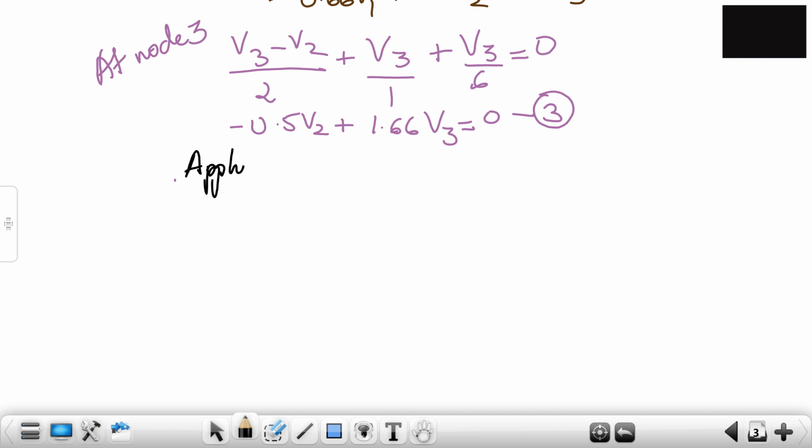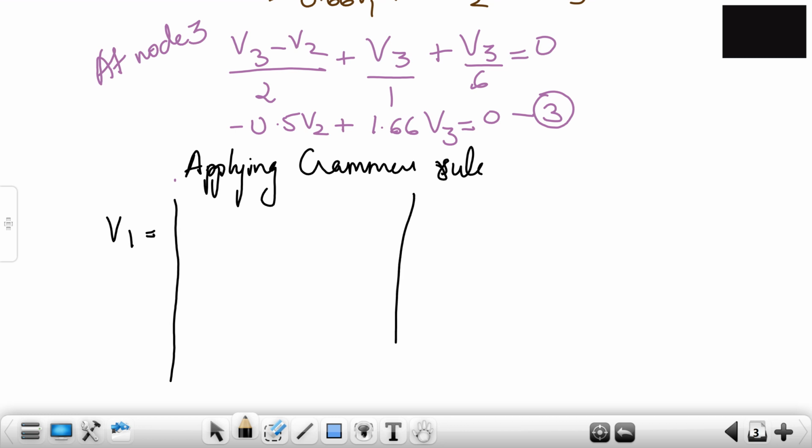We'll find the voltage V1. We already know how to use Cramer's rule; I have taught you all in the mesh analysis session.